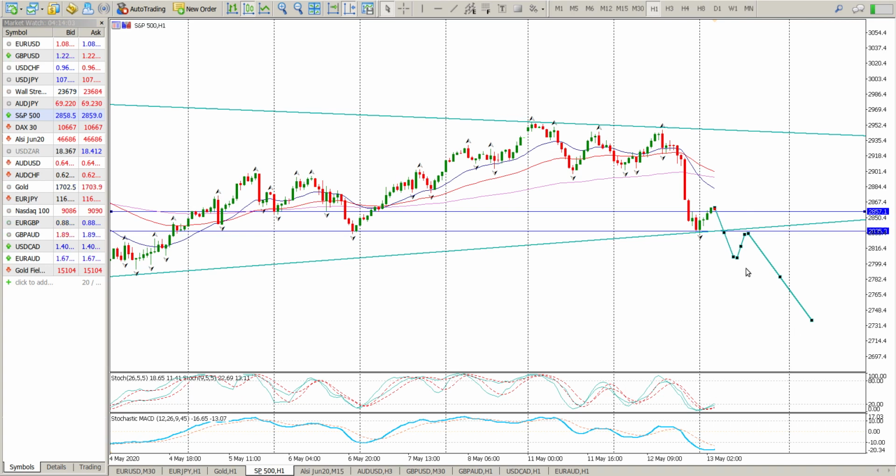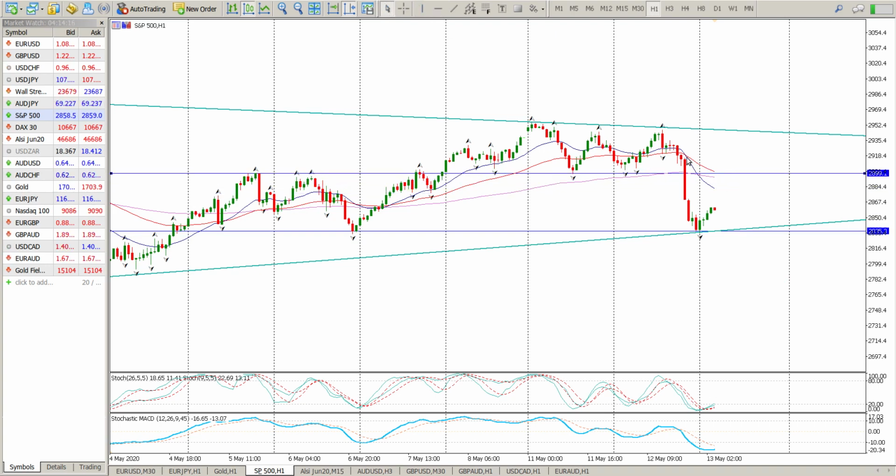But until that happens, this is a range, and I'm looking for a move to the upside. What I'm actually looking for is at least a move to test the bottom of this range breakout here. So that is 28.99.